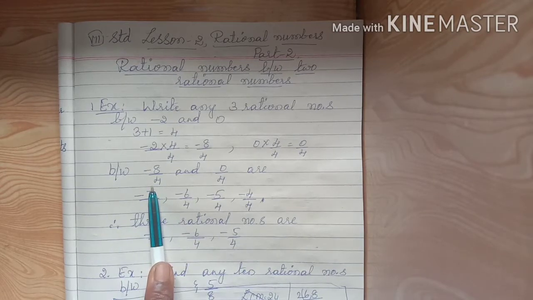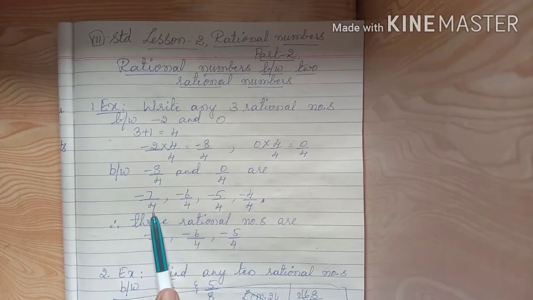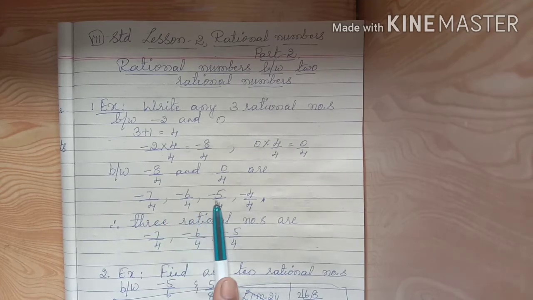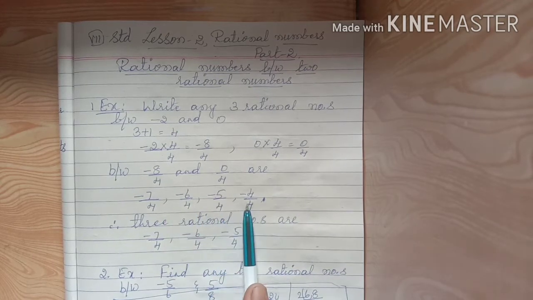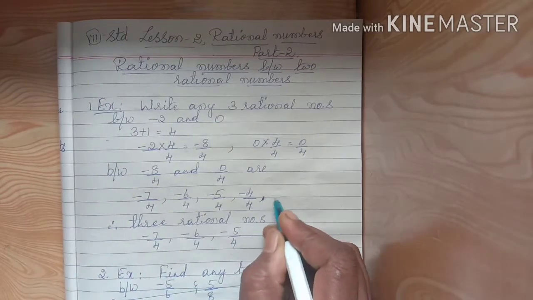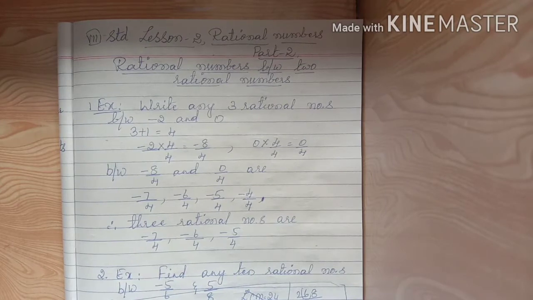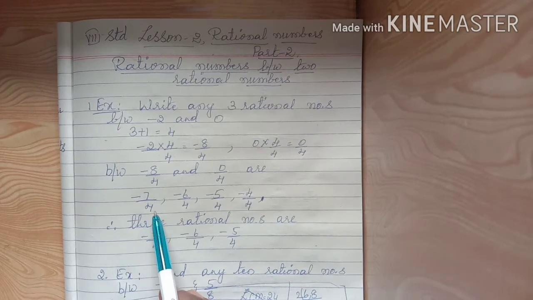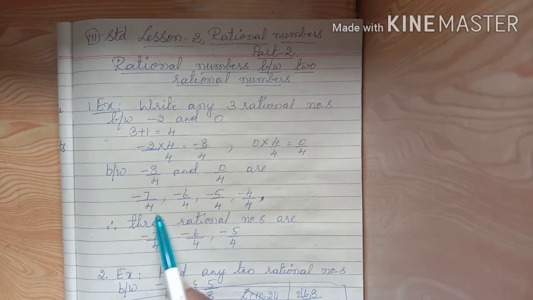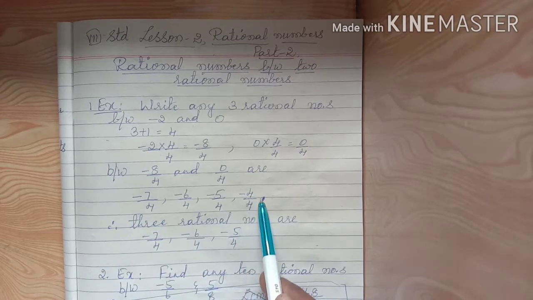After -8 by 4 you get -7 by 4, -6 by 4, -5 by 4, -4 by 4. Then comes 0, which we don't want, since we need numbers between -8 by 4 and 0 by 4. So the rational numbers we got are -7 by 4, -6 by 4, -5 by 4, -4 by 4.